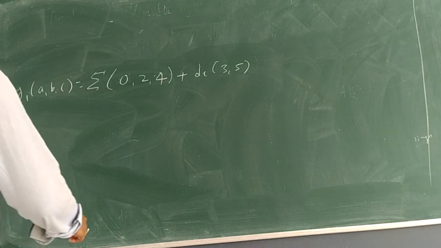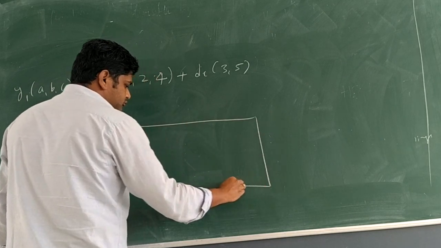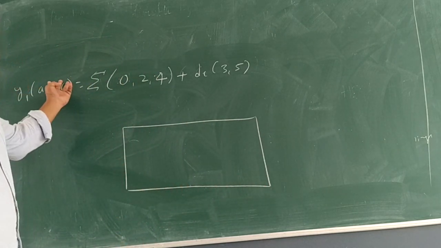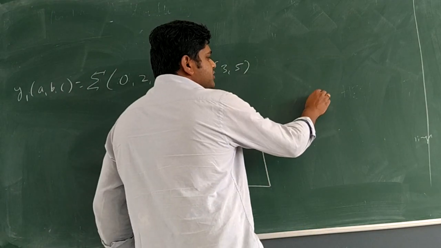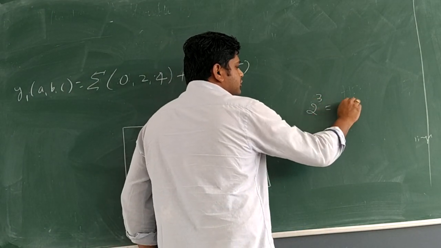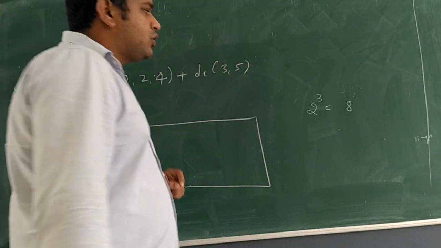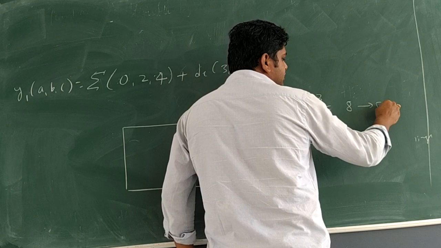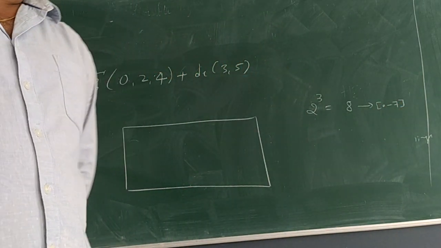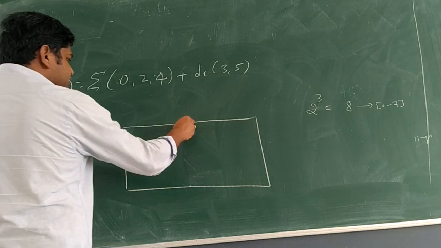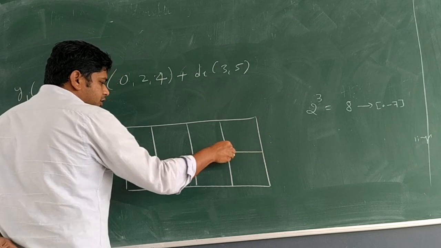Now you see, there are 3 variables. So that means there will be 8 small cells. What is the numbering for the cells? 0 to 7.